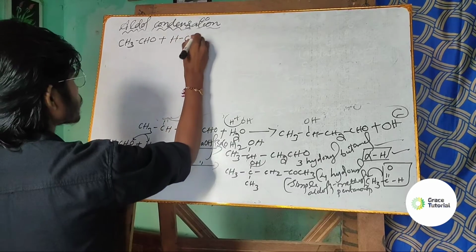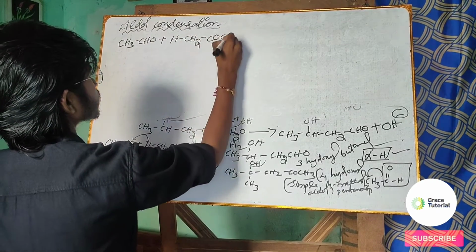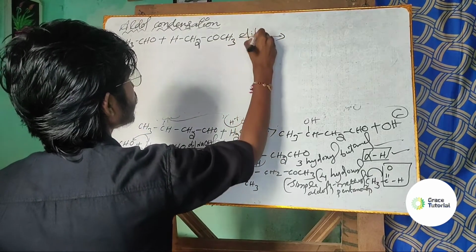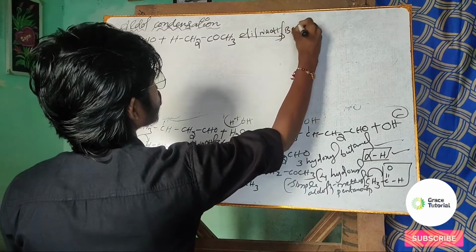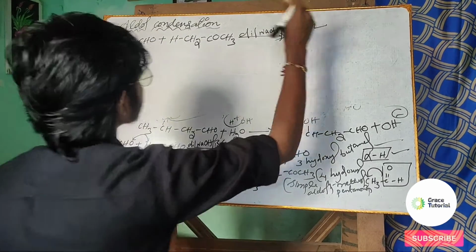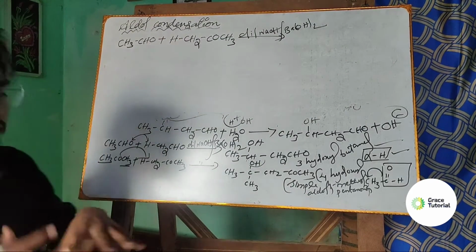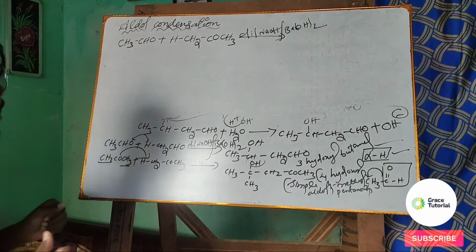Now if it reacts with acetone in the presence of dilute NaOH or barium hydroxide, look here. The compounds are different: one acetaldehyde has been taken, another acetone has been taken.